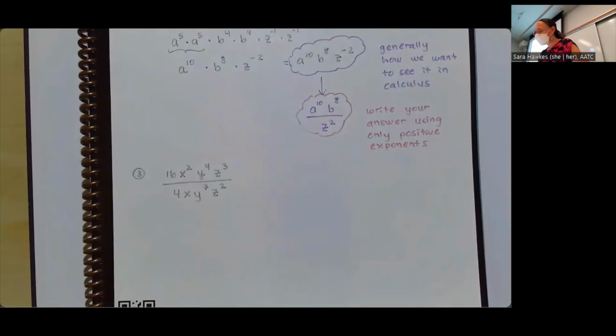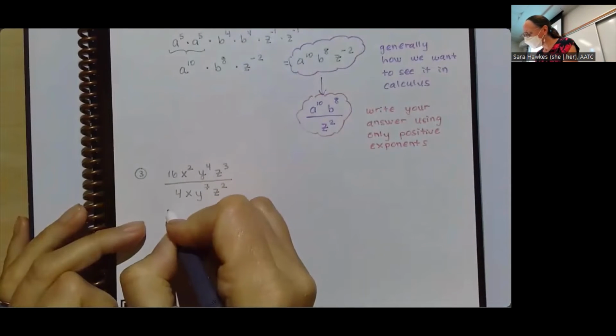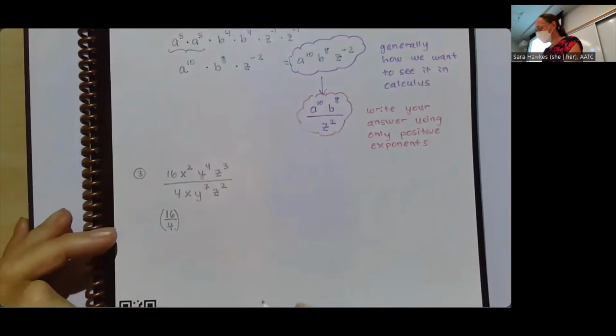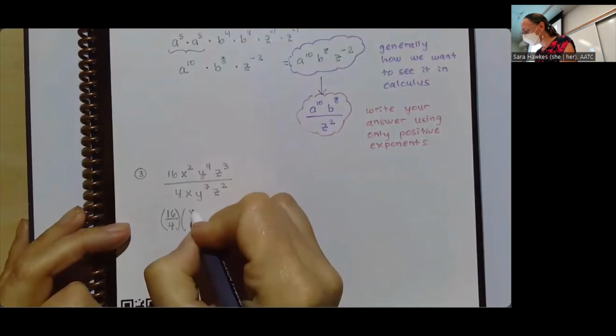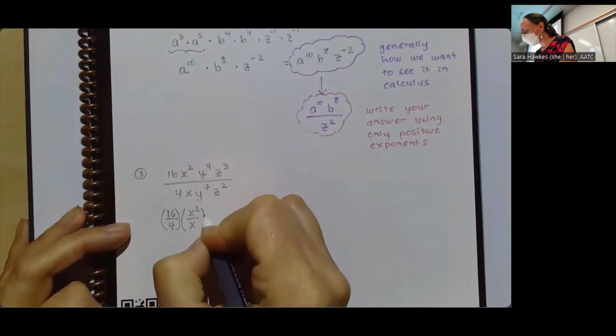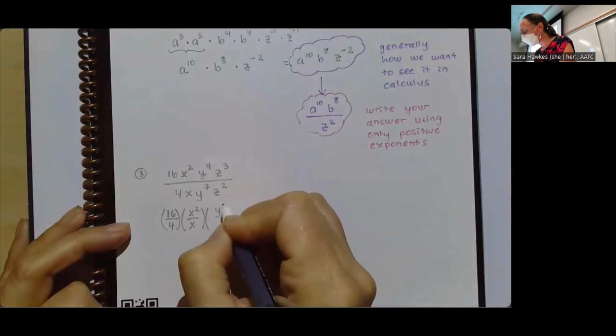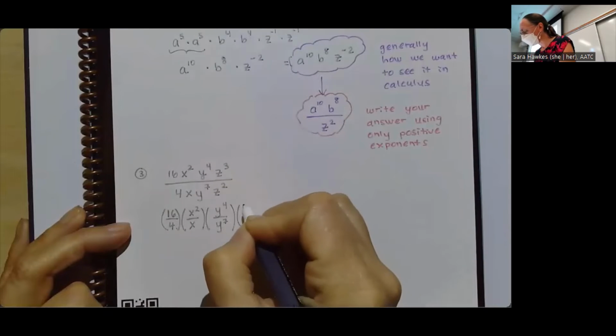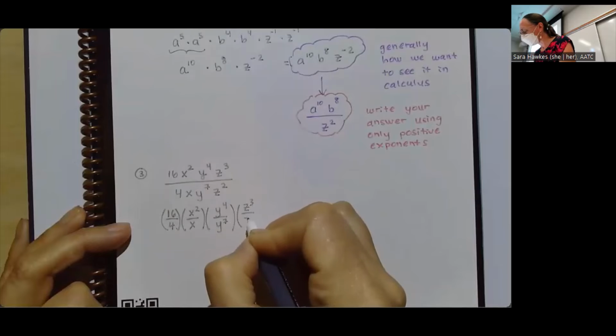So that means that I can regroup this to be 16 over 4, and then group my x pieces, group my y pieces, and group my z pieces.